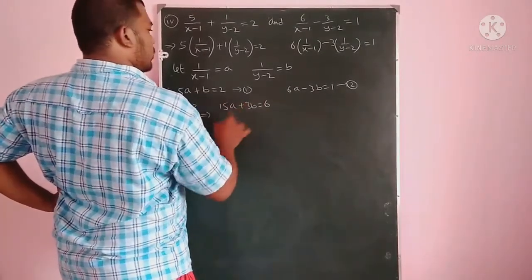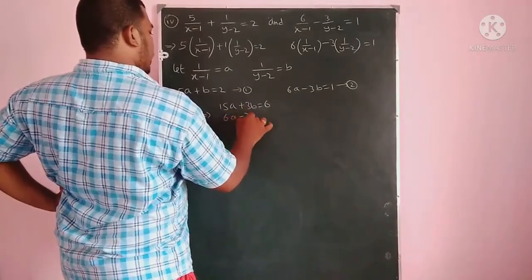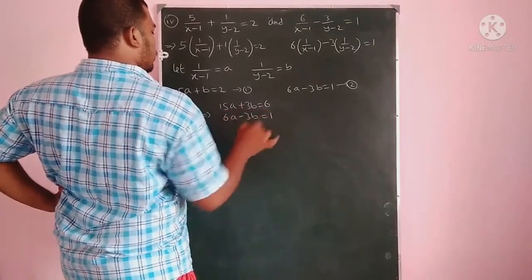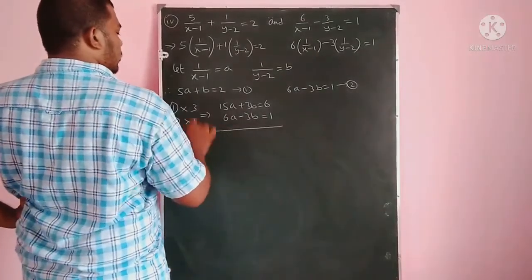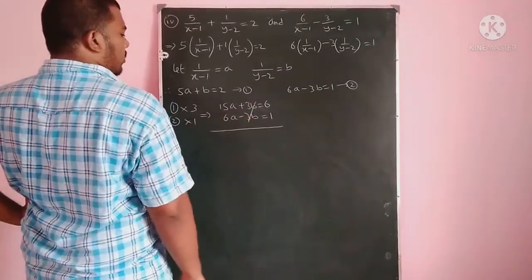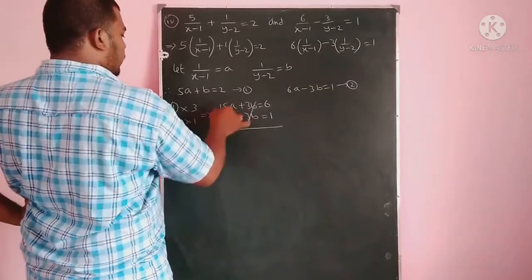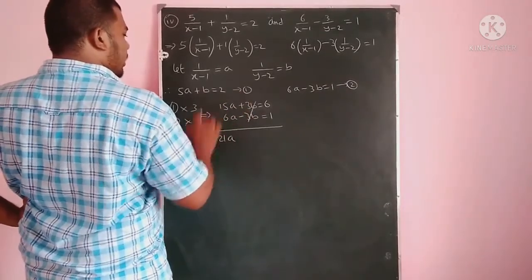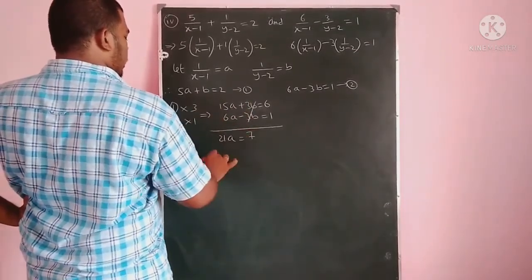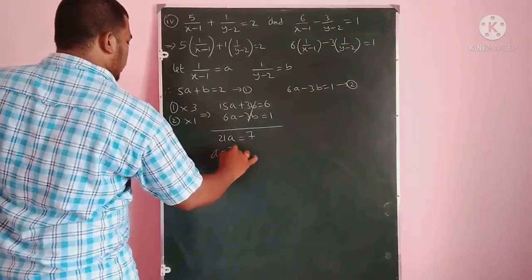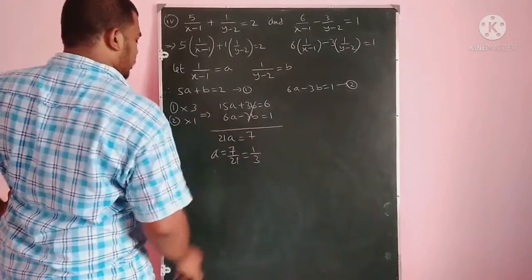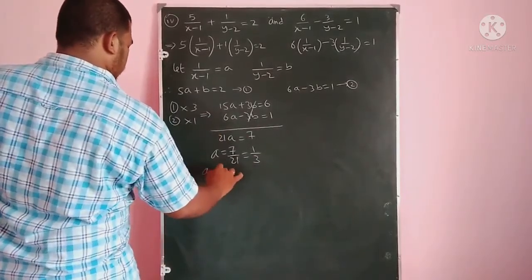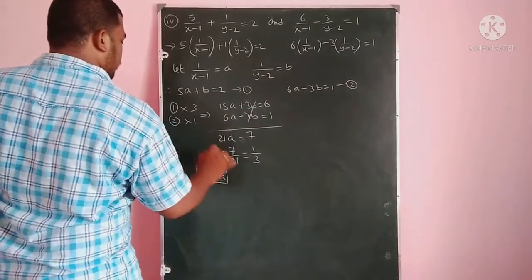Here 6a minus 3b equals 1. The 3b and minus 3b eliminate. 15 plus 6, 21a equals 7. a is equal to 7 upon 21 equals 1 by 3. So a is equal to 1 by 3.